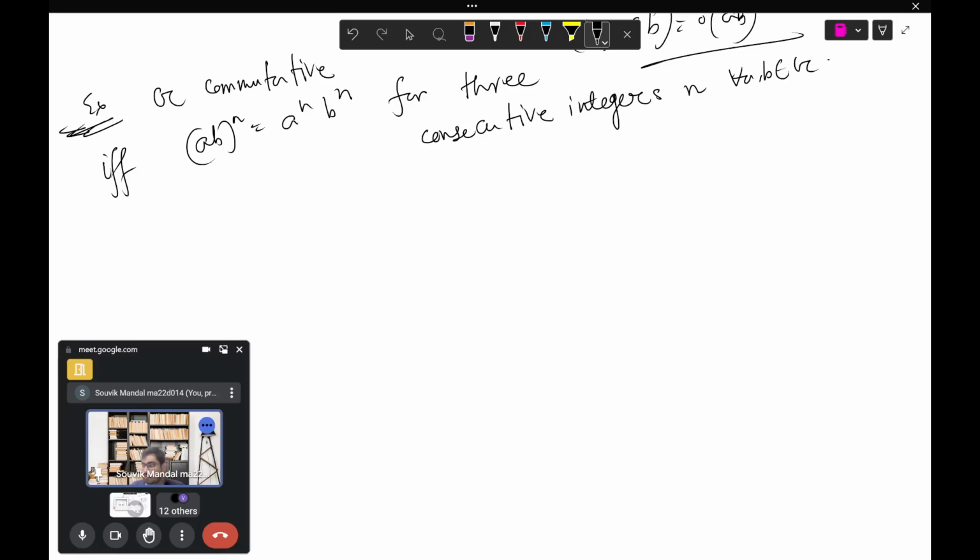This is the fact you need to check: any group G will be commutative if and only if AB to the power n is equal to A to the power n B to the power n for three consecutive integers n. One side is obvious, you need to do the reverse side. It's quite a tricky problem, but please try.